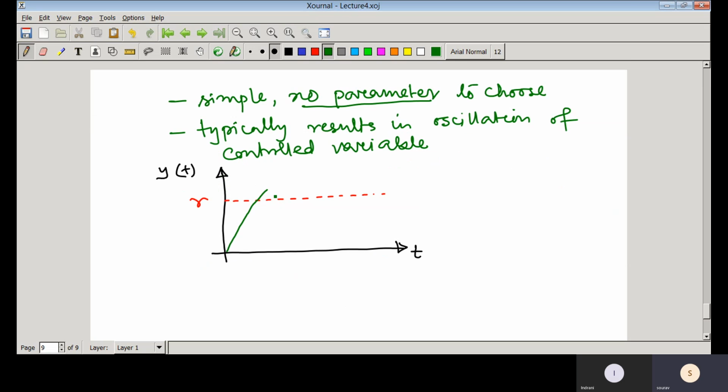Whenever it is off, immediately it starts falling down, and when again y crosses that r, that means the error is positive, then again it is on. So like this, the output will have some oscillation because of the on-off structure of the controller.